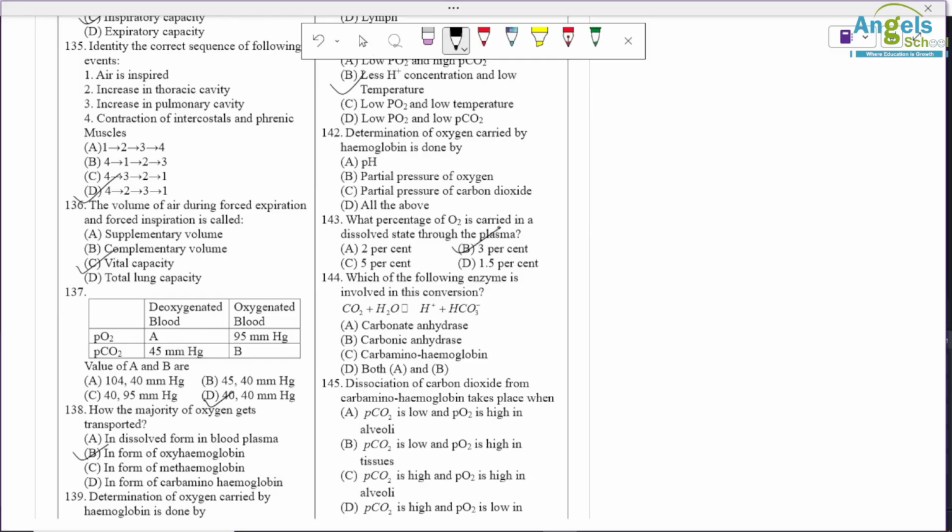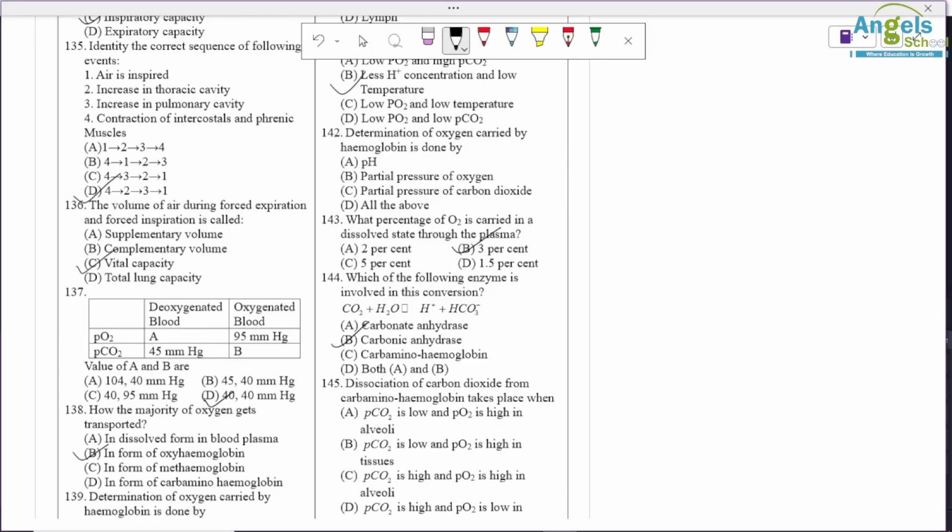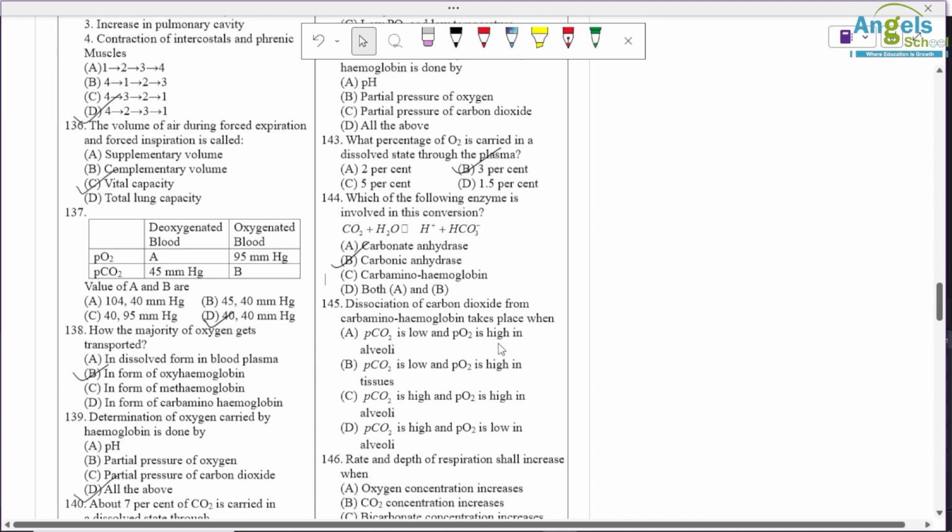through plasma. Question number 144. Which of the following enzyme is involved in this conversion? So this reaction is catalyzed by carbonic anhydrase only. So B is the correct option. Dissociation of carbon dioxide from carbaminohemoglobin takes place when?